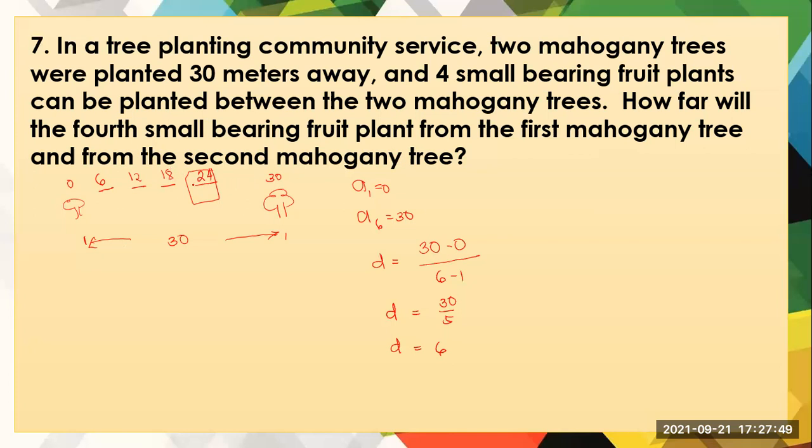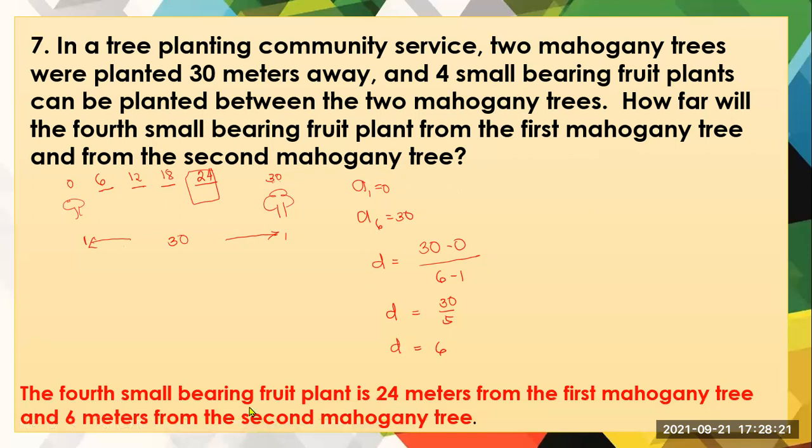Now, how far is this small bearing fruit tree from this first mahogany tree? The distance there is 24. So 24 meters from the first mahogany tree, and the gap between the 4th bearing fruit and the second tree is 6.